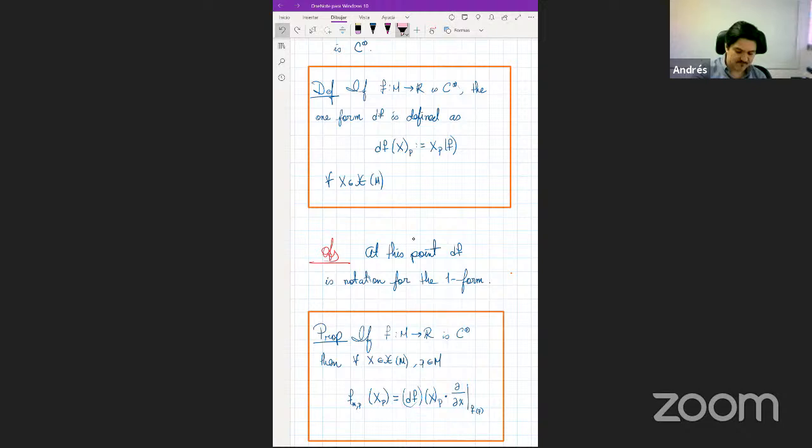So this is supposed to be a vector in the tangent space of R. And that vector is given by this number. So this is supposed to be a number, and this is the vector, you see? I'm using the canonical chart, x, and I have here evaluated at this.